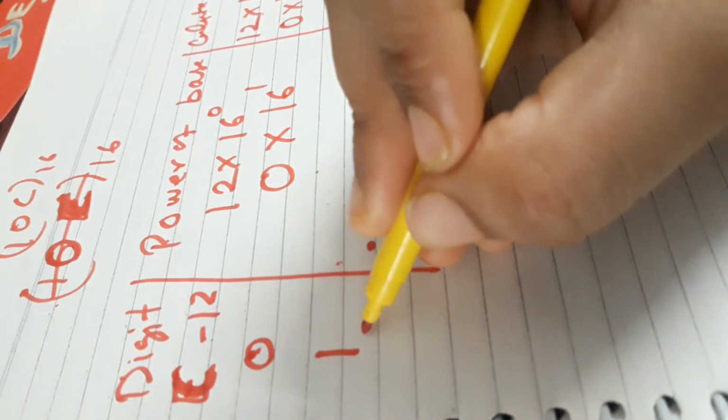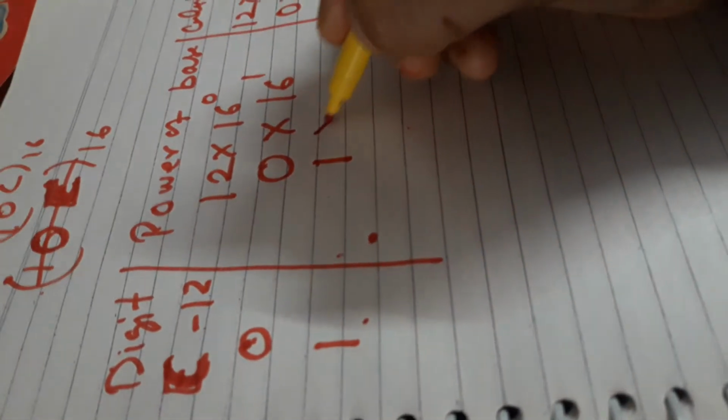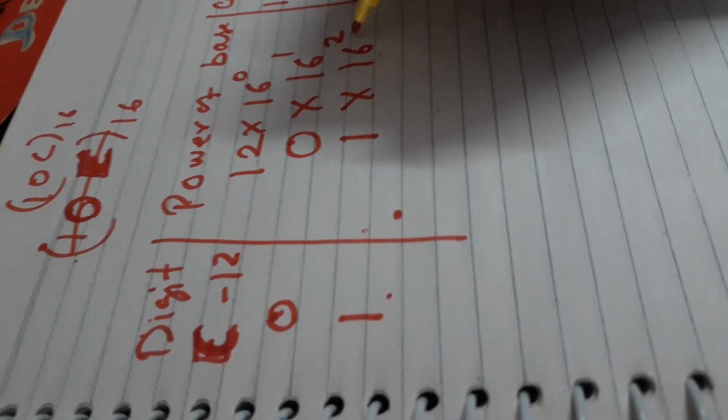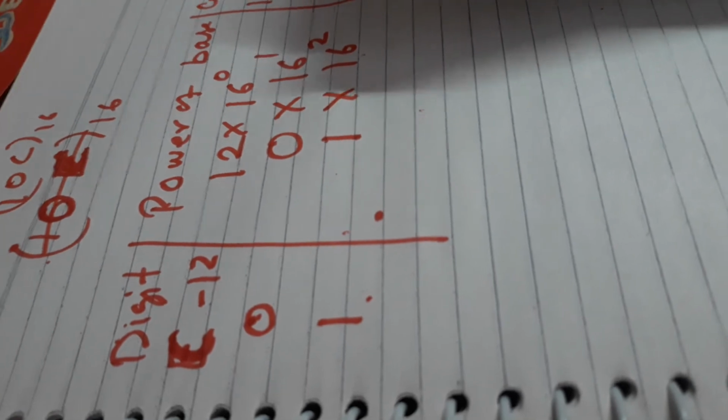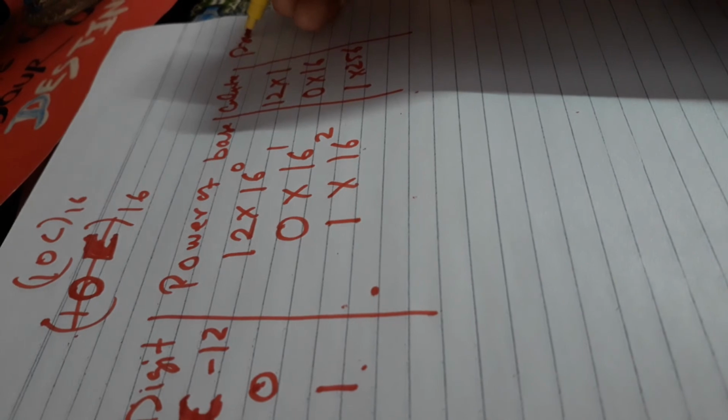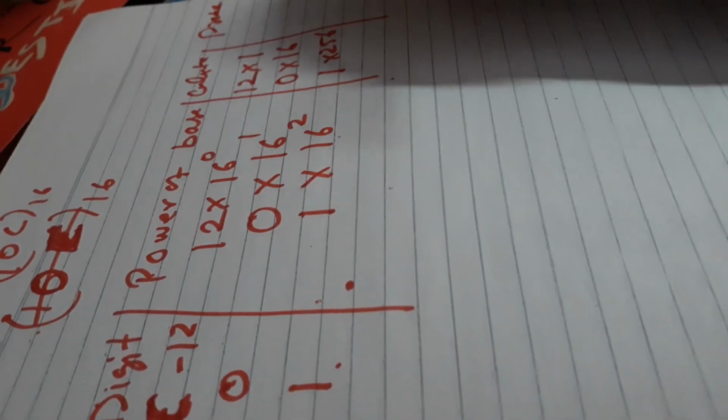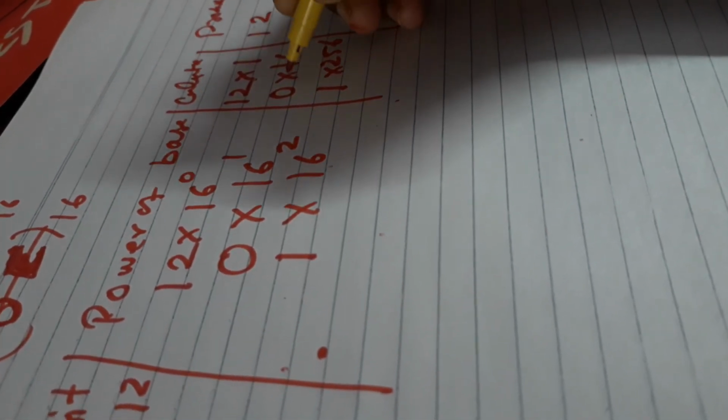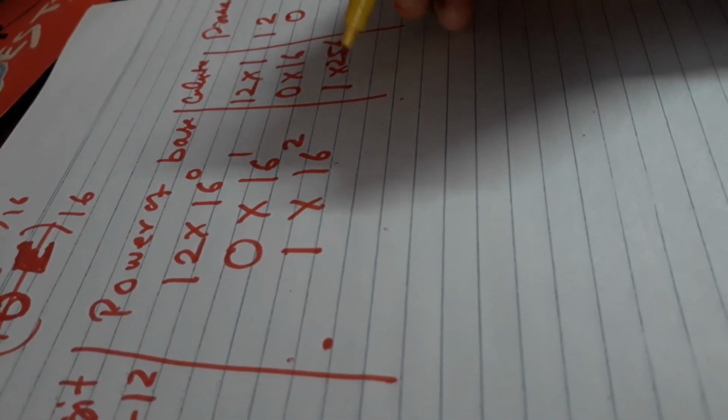Again we will write the third digit, 1 into 16 power 2. So 16 into 16 is 256. Now the products: 12 into 1 is 12 only, 16 into 0 is 0, and 256 into 1 is 256 only.